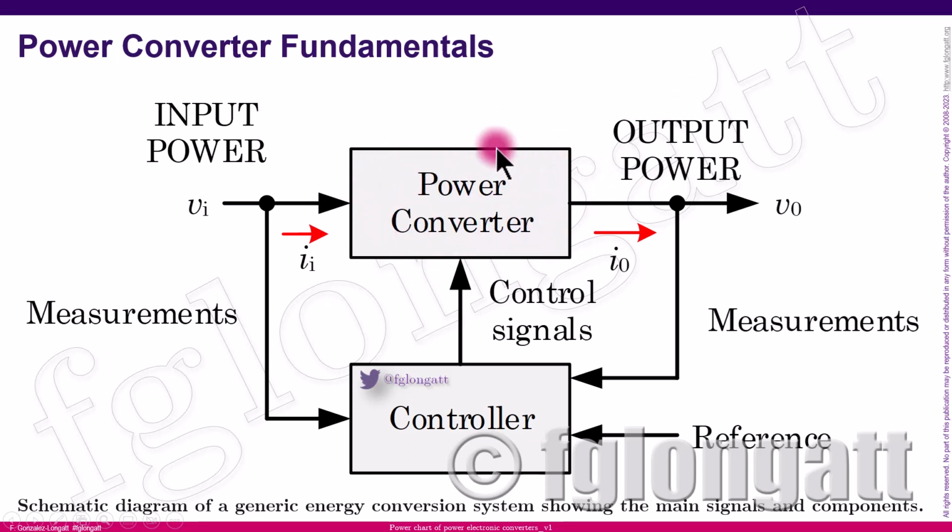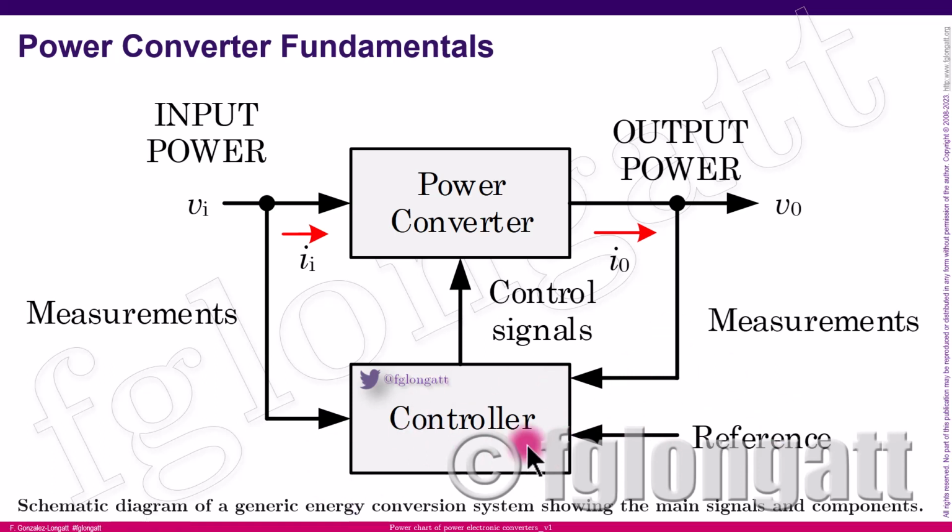Here is where we produce the magic of converting one input power into output power. Of course, the power converter is nothing without the controllers. And believe me, there are many, many control loops in a power electronic converter. Some control loops are related to the input, some others to the output, with many references.